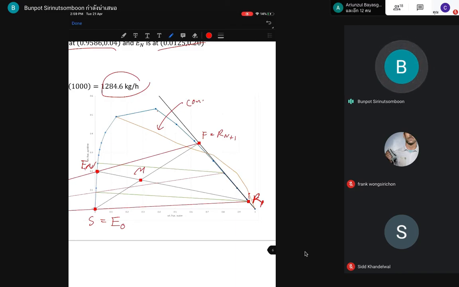So it hits this point here, and then I go to the left and it hits this point here, and then I draw this tie line. So from R1, I find this point here, and this point is my E1.